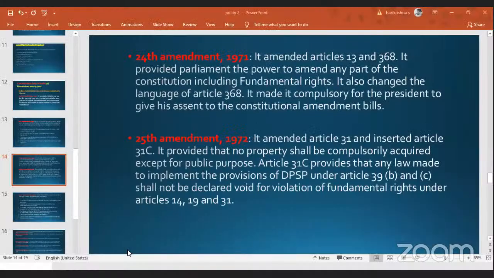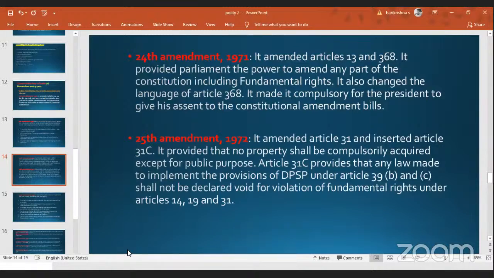It provided that no property shall be compulsorily acquired except for public purpose. Article 31C provides that a law made to implement the provisions of DPSP under Article 39B and C shall not be declared void for violation of fundamental rights.